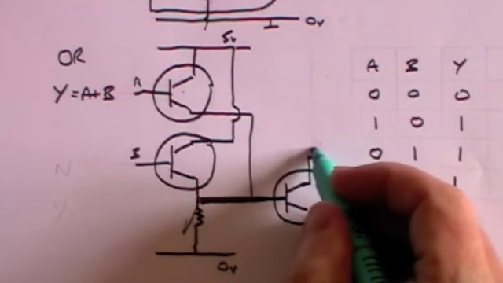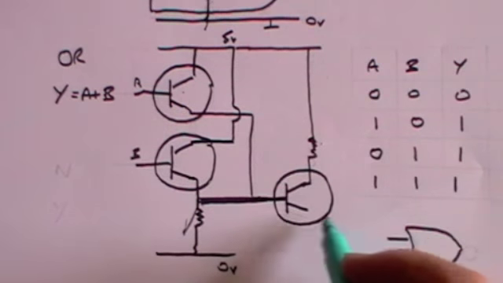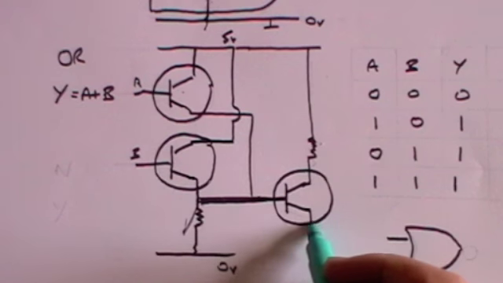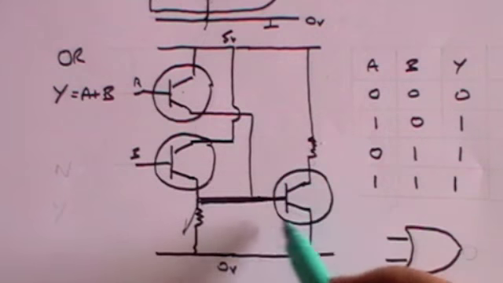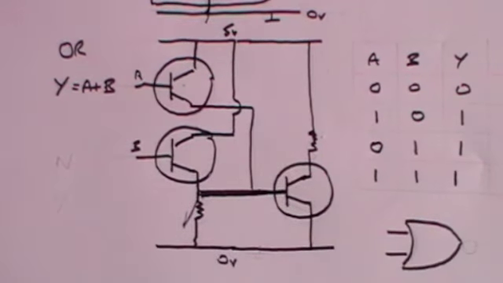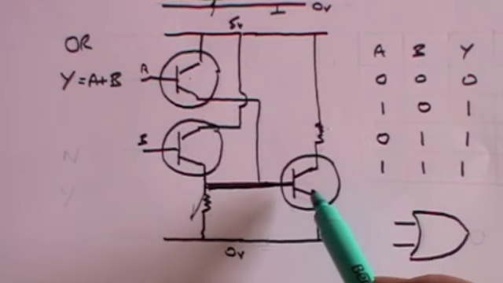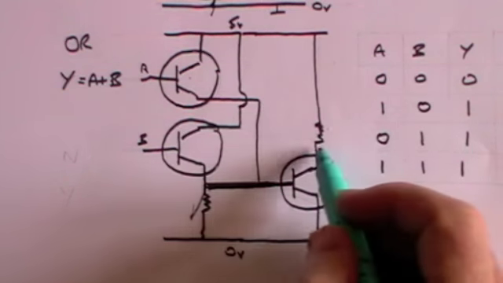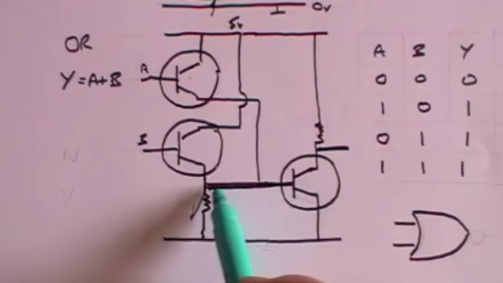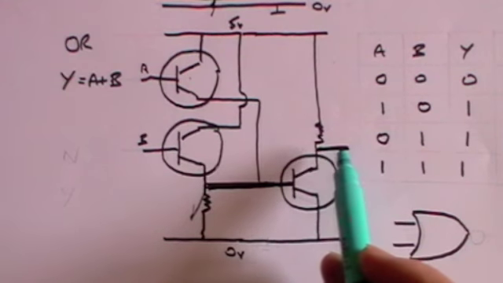And then you go up through a resistance to the 5 volt level, and you come down here to the 0 volt level. And this, of course, is simply a NOT gate. That's exactly what we drew here. A transistor and a resistance is a NOT gate. So this is a NOT gate. So in other words, whatever the output from the OR gate is, the output from the NOT gate will be the opposite.